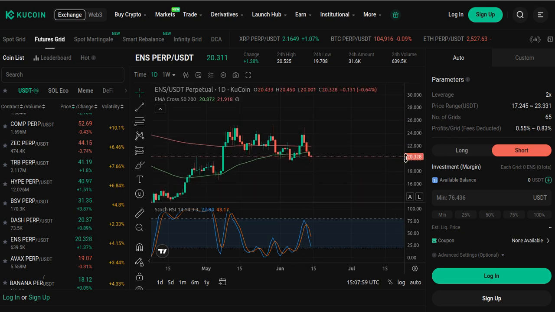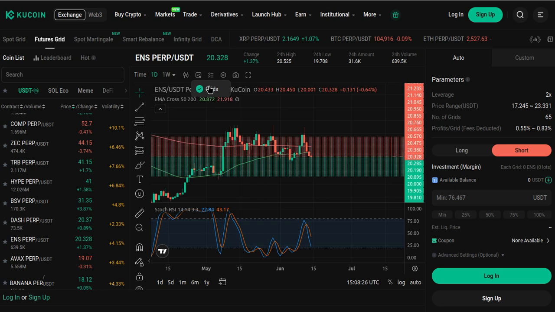So I think this one is the one for shorting. Of course, your minimum here, as you can see, is $76. And yeah, I'll just press short here, and as you can see, the grids, let's look at the grid. All right.